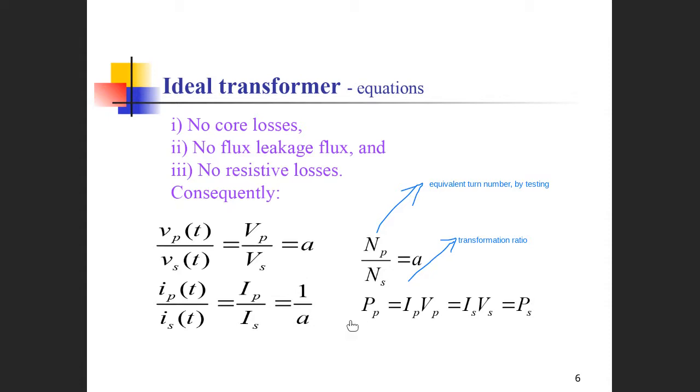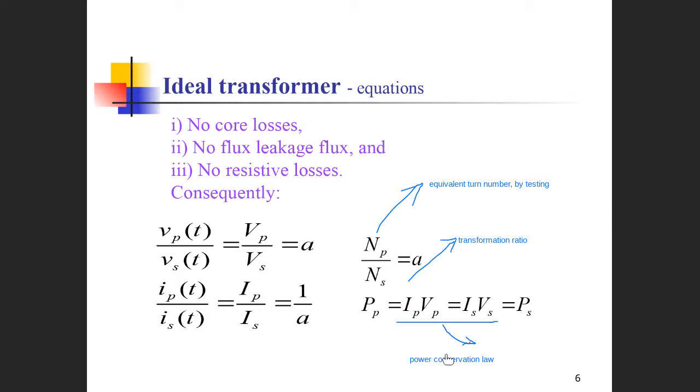And here is the power conservation law. Basically, if there are no internal losses, the primary power should equal the secondary power. The primary input power and the secondary output power should be the same, so they just pass through the transformer.